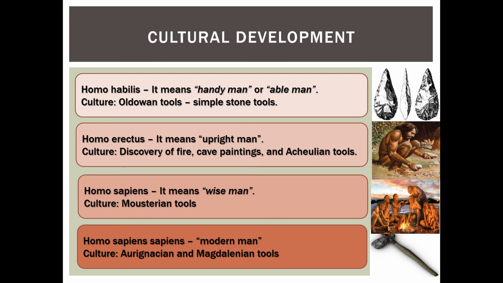Aurignacian and Magdalenian tools are man-made tools, and not only tools, but in this stage, humans also discovered how to use different accessories like bracelets, necklaces, and other figurines, and fabrication as well.